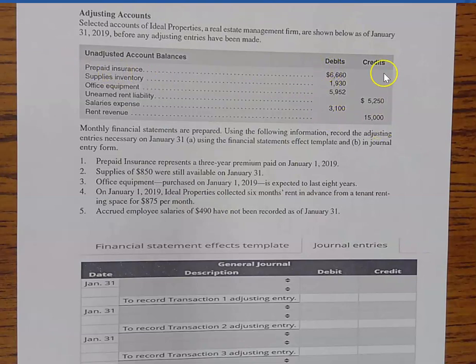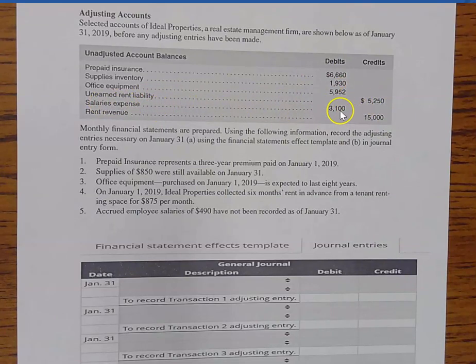So here we have all of these balances. I don't think we're actually going to need one of these, but these all have normal balances. We've got some asset accounts which have debit balances, and a liability account which has a credit balance.